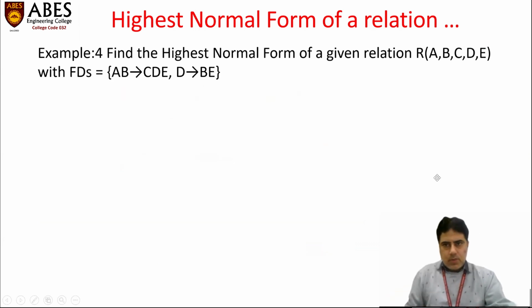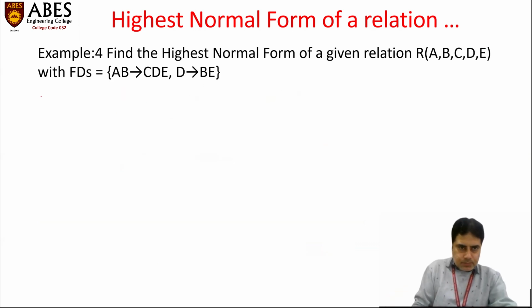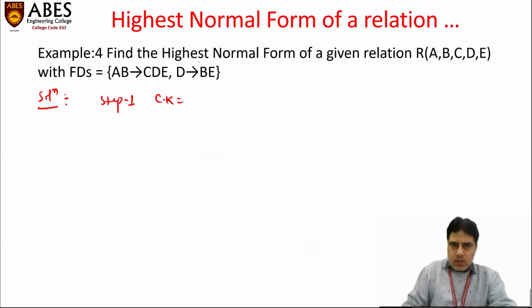Now let us take one more example. Step 1, you have to find out the candidate key. Now the candidate keys are from CDE and BE.